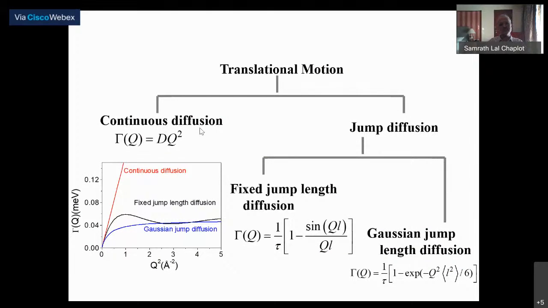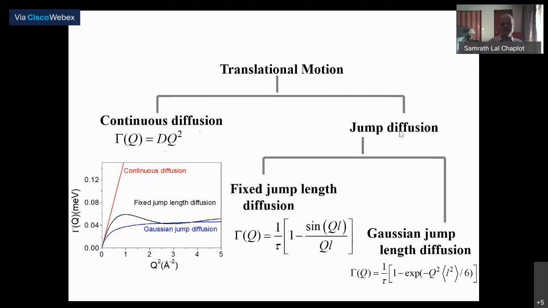like the random diffusion, which means jump lengths can be random, like a random walk. If that kind of diffusion is involved, then the half width at half maximum of the Lorentzian function is simply proportional to D q squared, D being the diffusion coefficient.